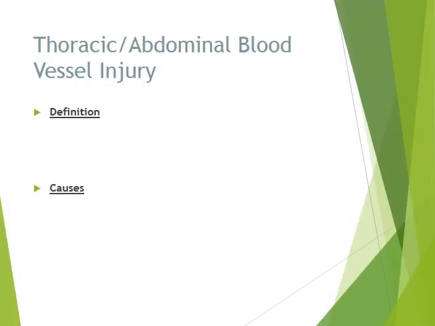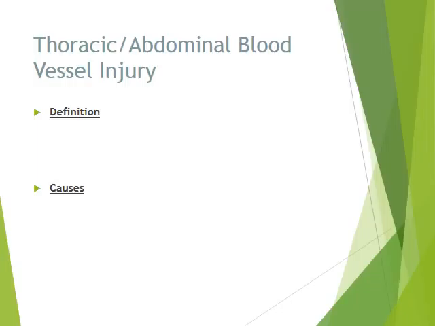All right, thoracic or abdominal blood vessel injuries. Definition is any of the vessels in your abdominal or thoracic cavity. We are specifically going to talk about AAA, or abdominal aortic aneurysm. For this course, this is where we're going to direct our vessel injuries.